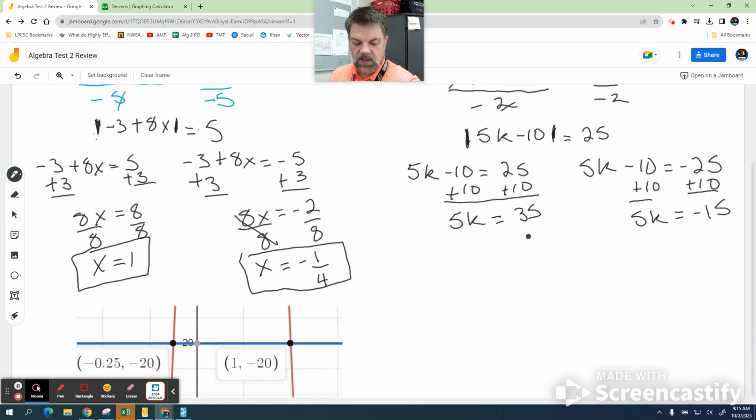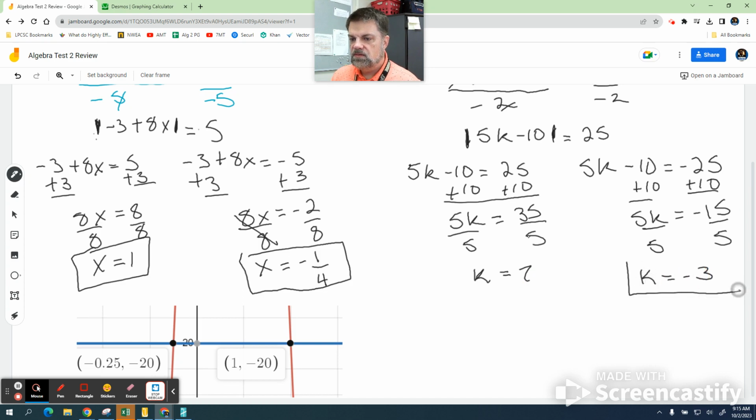Next, I'm going to divide both sides by 5. On this side, I get k is equal to 7. Over here, I get k is equal to negative 3. Okay. All right. So what does that mean?